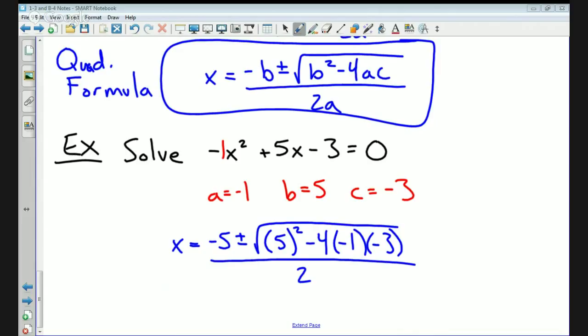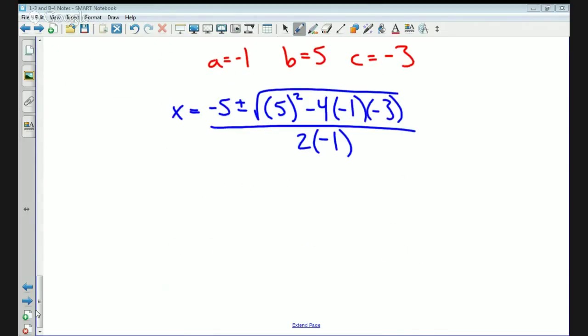Very important, put everything over this. I see some people that only draw the fraction bar under the radical, then you get the wrong answer, then you cry. Don't make yourself cry. Put the fraction bar underneath everything. So make sure you keep that.